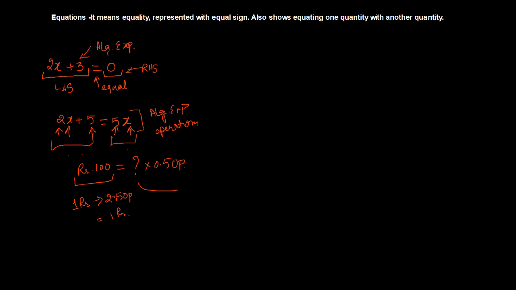If I write this as an equation, rupees 100 equals x into 0.50. I don't know the value of x, but as we know, 1 rupee equals 2 coins of 50p, so it makes up around 200 coins. So we need to find the value of x here.